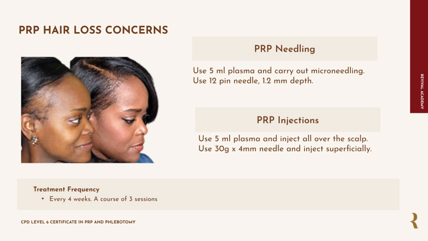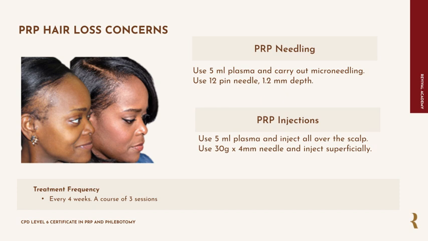Now, how to actually target the hair loss? You can do both microneedling and injections. For the microneedling, you can use about 5 ml of the plasma, and carry out the microneedling at a 1.2 millimeter depth with a 12-pin needle.